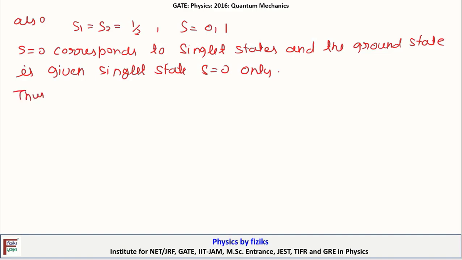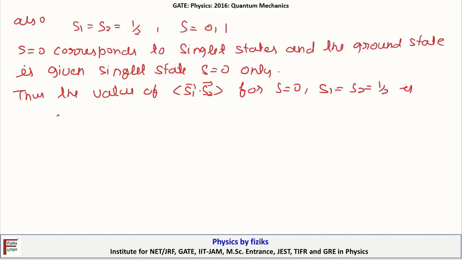Thus, the value of S1 dot S2 for S equals 0 is 1 by 2 of S into S plus 1 minus S1 into S1 plus 1 minus S2 into S2 plus 1.